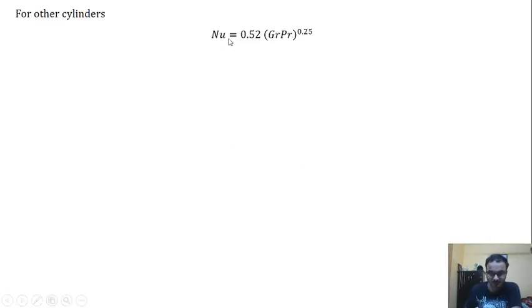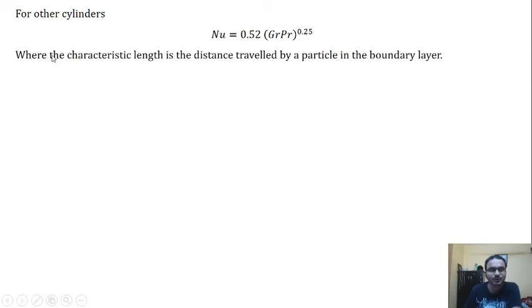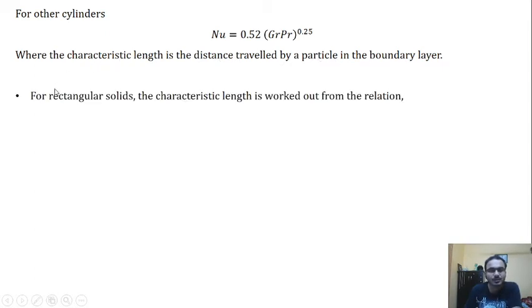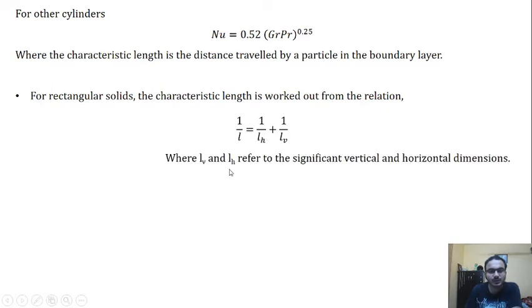For other cylinders, Nu is equal to 0.52 GrPr raised to 0.25, where characteristic length is distance travelled by a particle in boundary layer. Now for rectangular solids, the characteristic length is worked out from this relation 1/L is equal to 1/LH plus 1/LV, where LV and LH refer to the significant vertical and horizontal dimensions.